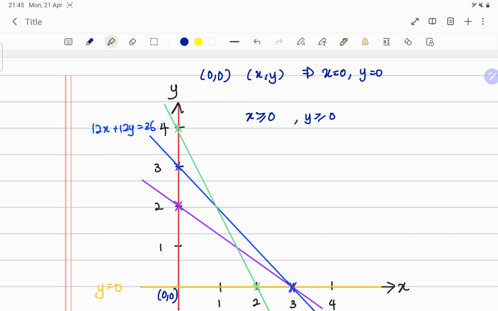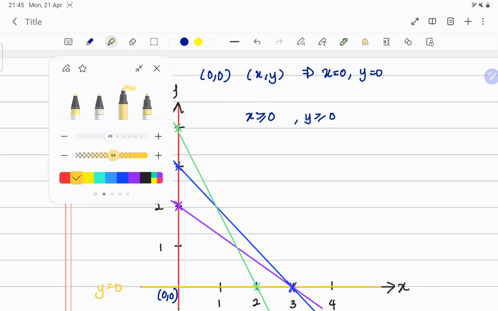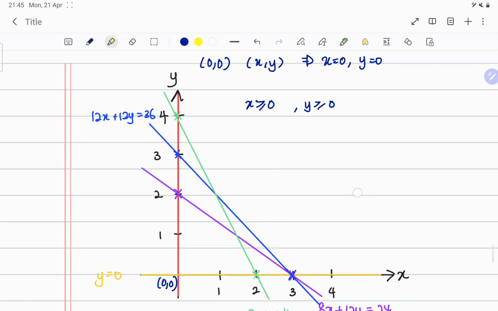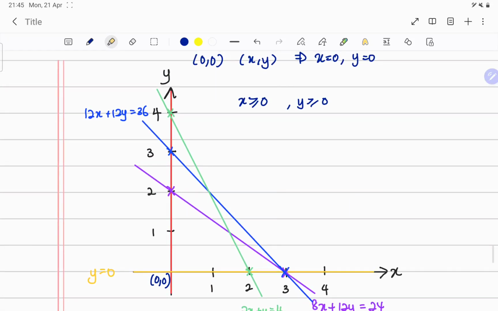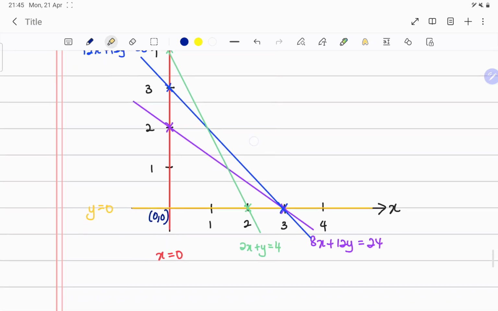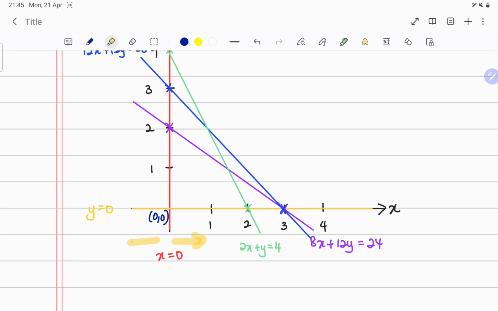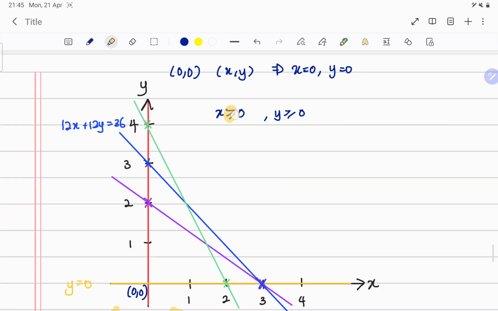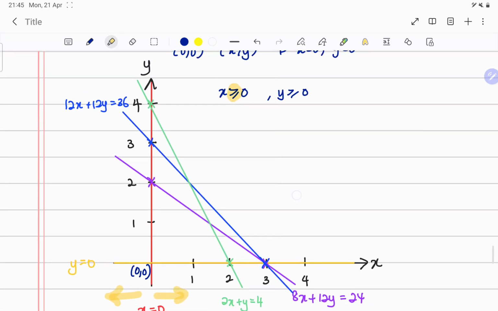Okay, our x equal to 0 is where? The red color, right? So the red color here is x equal to 0. It's either to the right side or to the left side. Our symbol is greater than, so that means our shaded area should be this one.